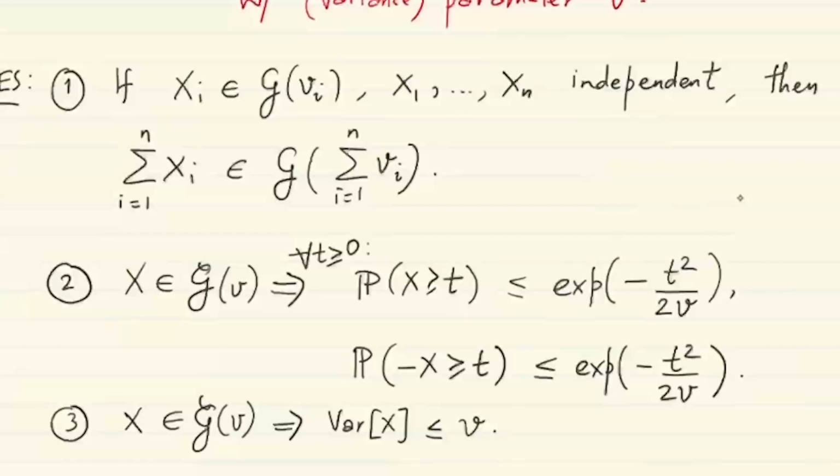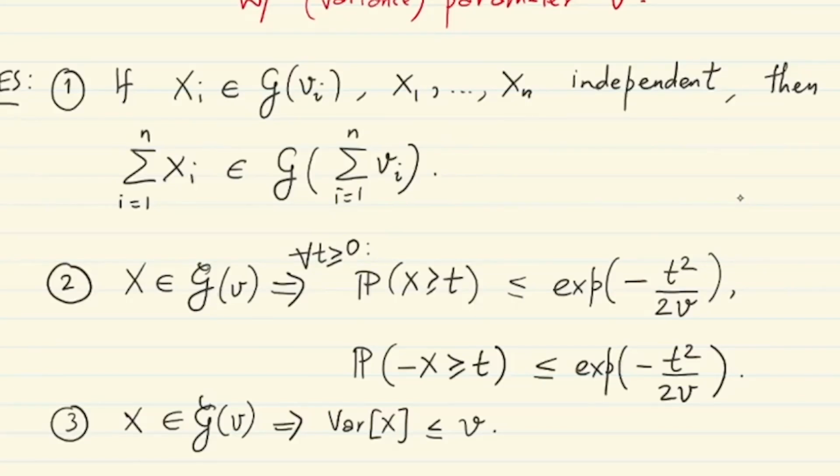The second point here is that if x is a sub-Gaussian random variable, then it's by definition zero mean, and you have concentration inequalities that bound the probability mass of it exceeding a positive level t. So you immediately have, by the moment generating function bound and the Chernoff method, that the probability that x exceeds t or minus x exceeds t is at most e raised to minus t square by 2v.